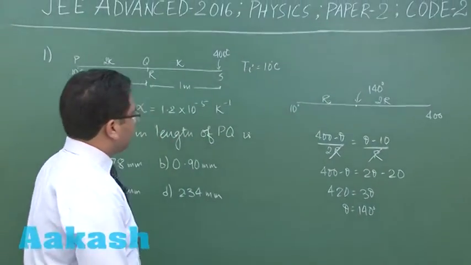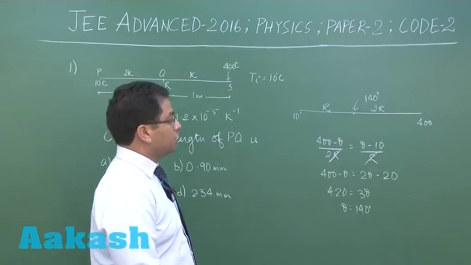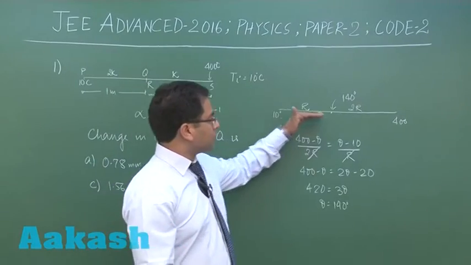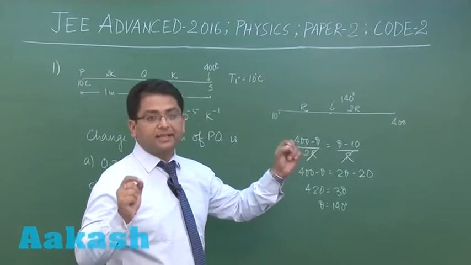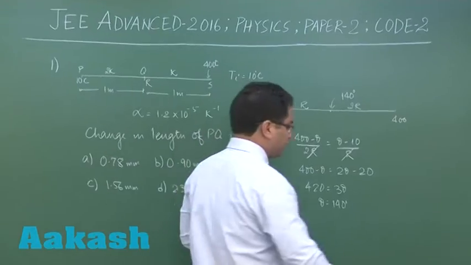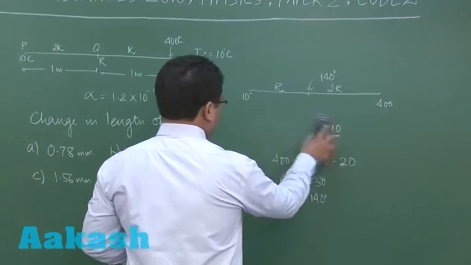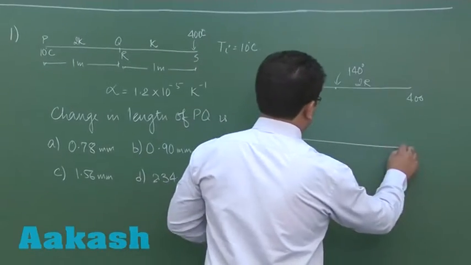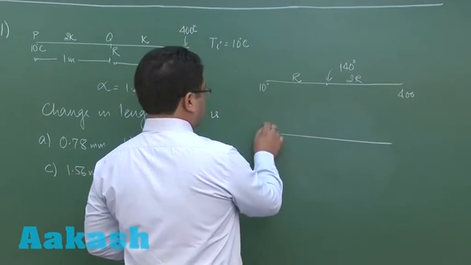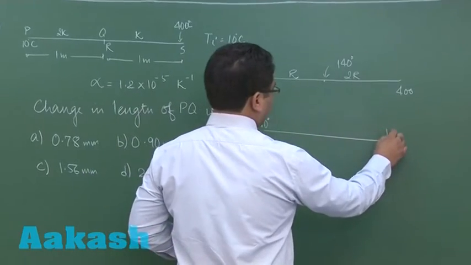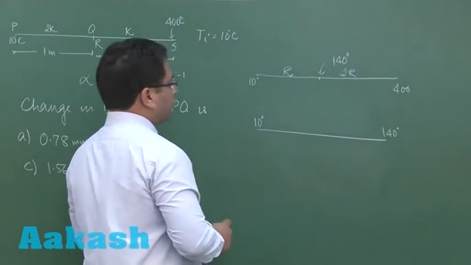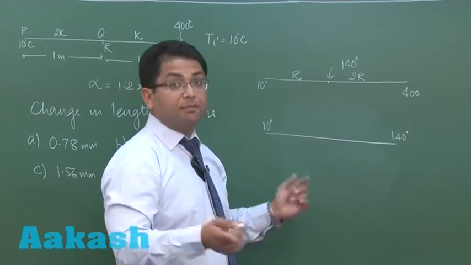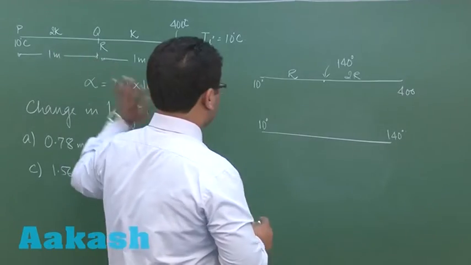Now the point is, to find the increase in length, I cannot directly use the formula alpha L delta theta, because the entire rod is not at one single temperature, it's at many different temperatures. So what we will do is something like this. Consider this particular length. Say this is at 10 degrees, this is 140 degrees. So the rate of change of temperature with distance, or temperature gradient, is 130 degrees per meter, because the length is 1 meter.